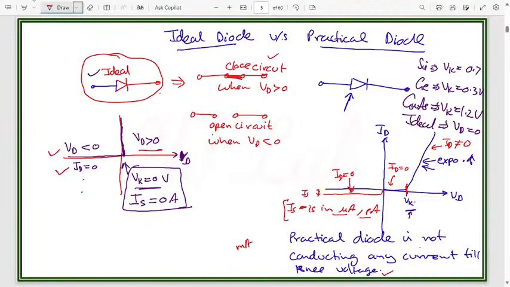So overall, our ideal diode will be replaced with the closed circuit when we apply a positive potential, when the ideal diode is forward biased, and for a reverse biased ideal diode we represent it as an open circuit, right?